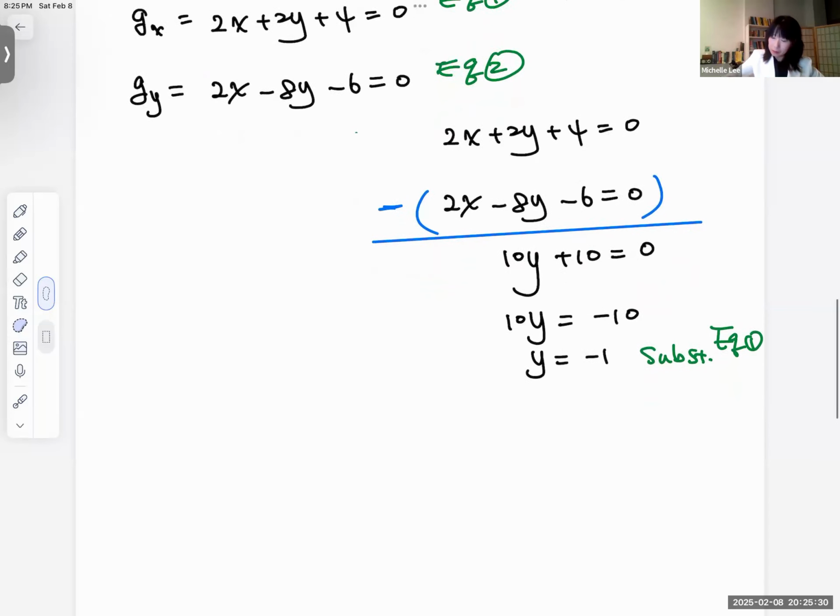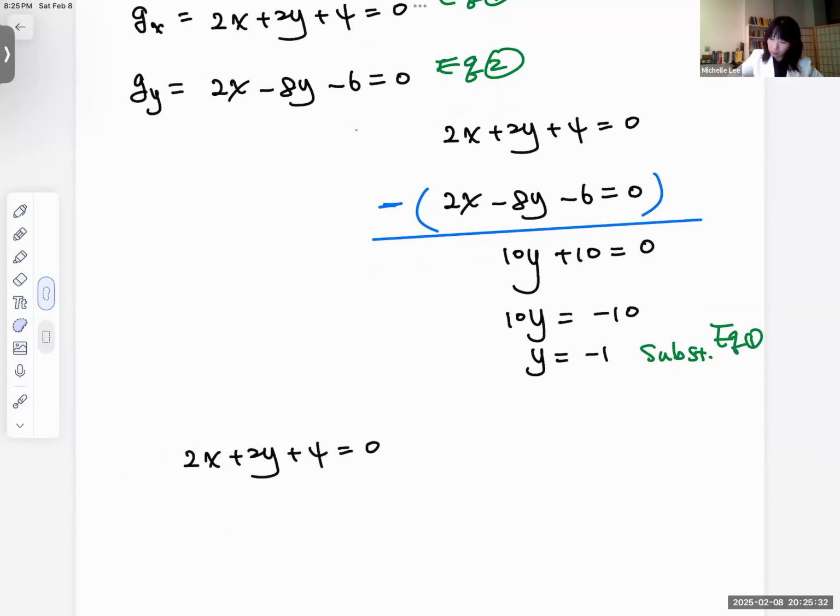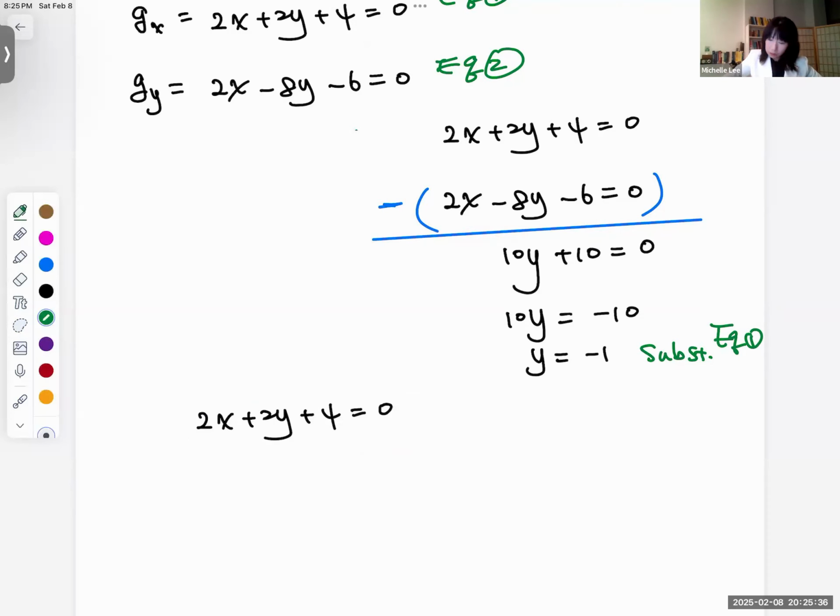So this will be 2x plus 2y, which is negative 1, plus 4 equal to 0. Let's find the x value.